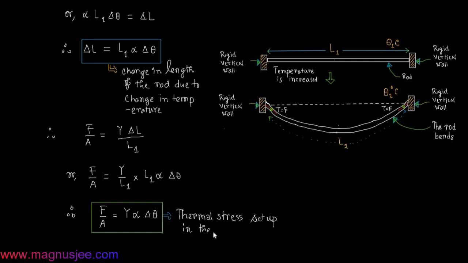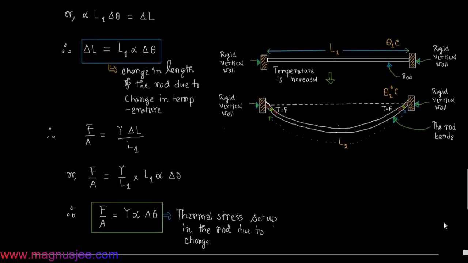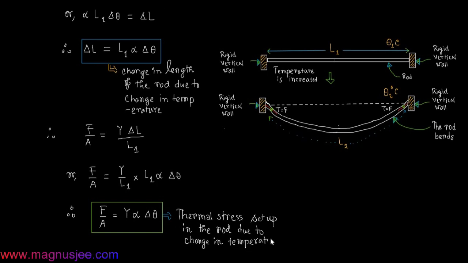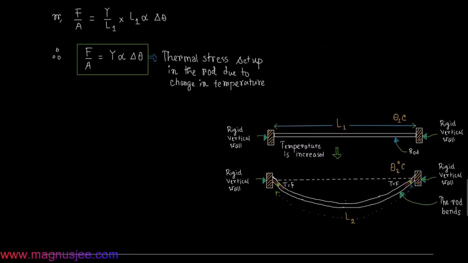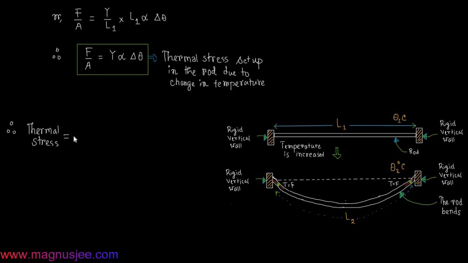F by A equal Y alpha delta theta, which is the thermal stress set up in the rod due to change in temperature. Therefore, thermal stress is equal to the product of Young's modulus, temperature coefficient of linear expansion, and change in temperature.